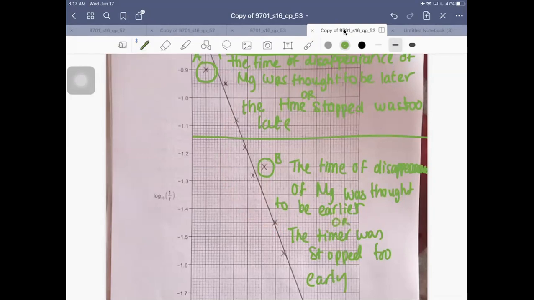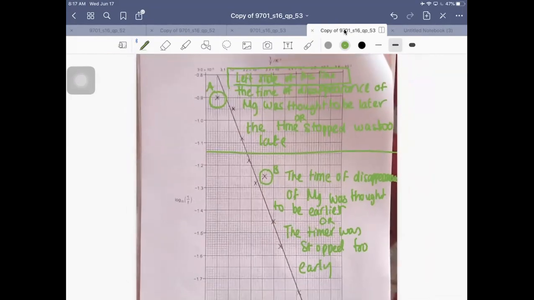You only need one reason for one point. Point A, choose one reason, and point B, choose another. Right, so I'll leave it there. If you need to copy that down, you can always refer back to the YouTube video or take a screenshot of this now.